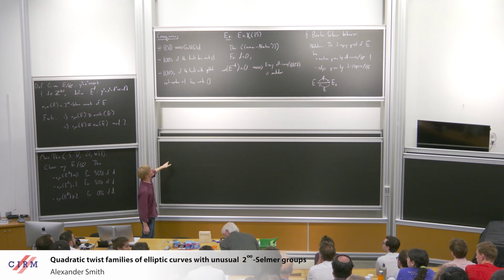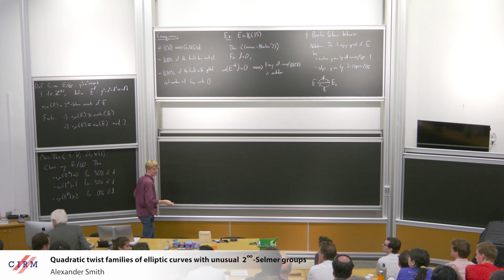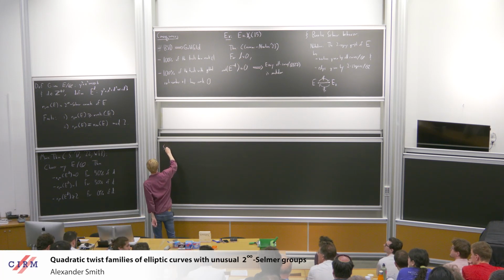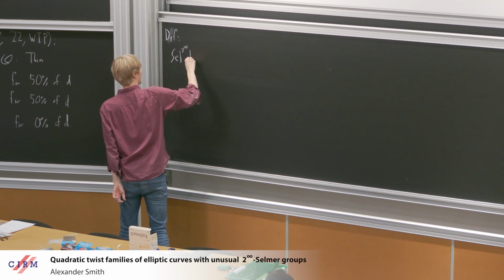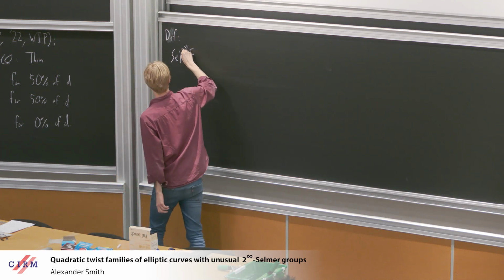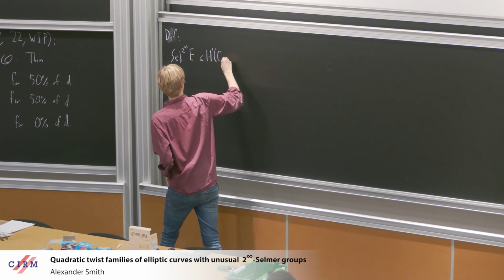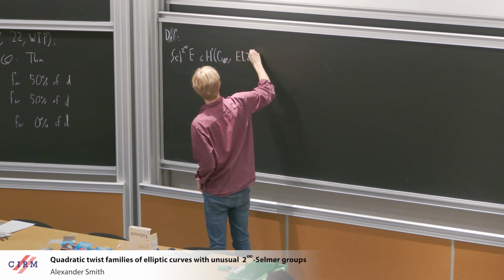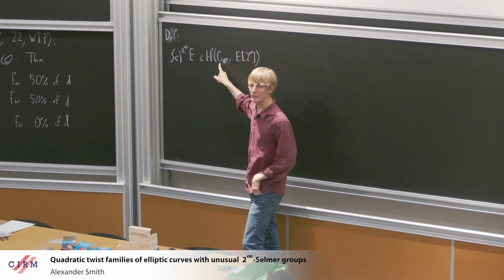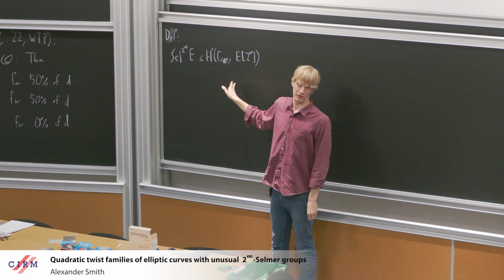Okay, so I'm going to now talk about Selmer groups, but very briefly. The 2-infinity Selmer group of E, for a given elliptic curve over Q, is just going to be a certain subgroup of the first cohomology group of the 2-infinity torsion of E over the absolute Galois group of Q. If you do not understand what this means, that's okay.